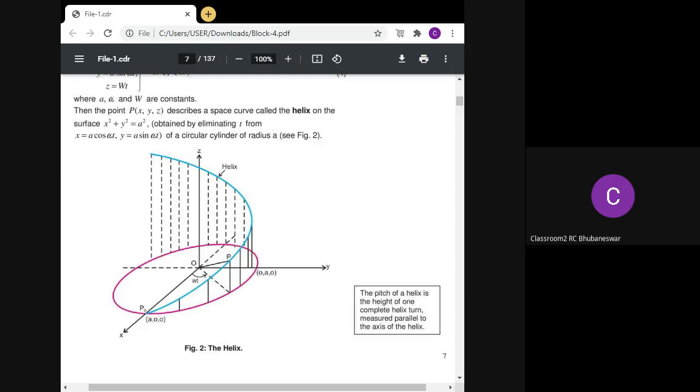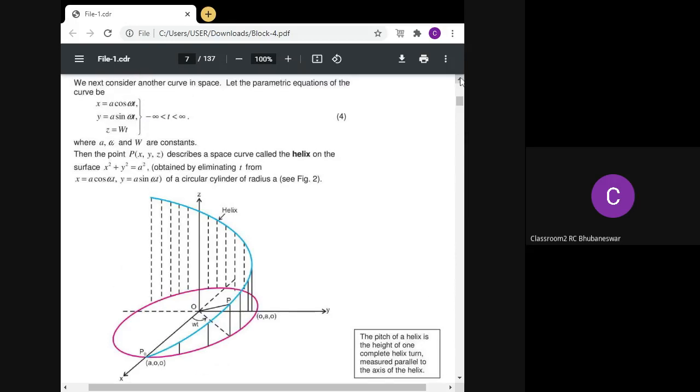So this circular helix can be represented using the parametric form, and the equation is given here: x equals a cos omega t, y equals a sin omega t, and z equals wt. And here t is the variable that will range from minus infinity to infinity.